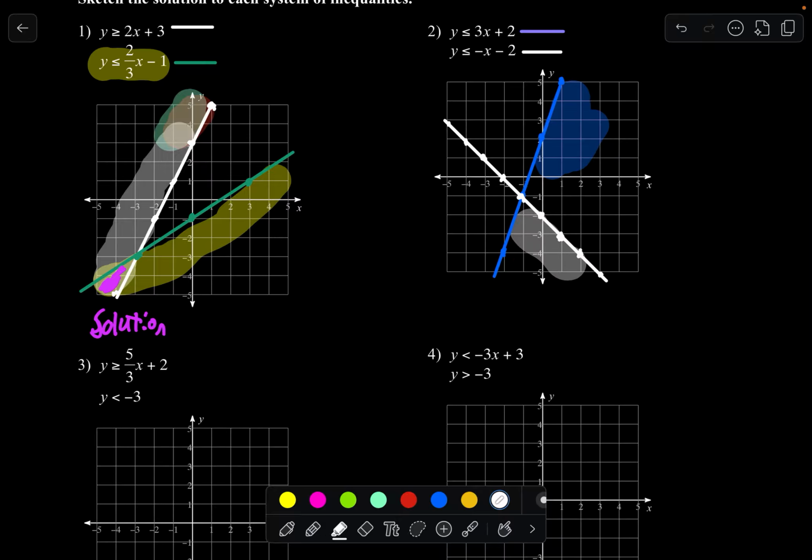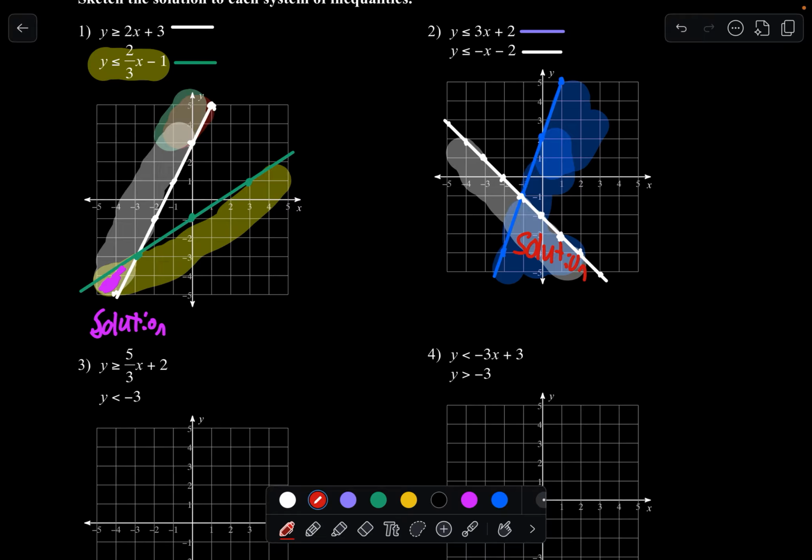So it's down here, and the other shading's here. And you can see that where they overlap is right here. And that region is the solution. Every point within that double shaded area works in both inequalities. Satisfies the top, satisfies the bottom.